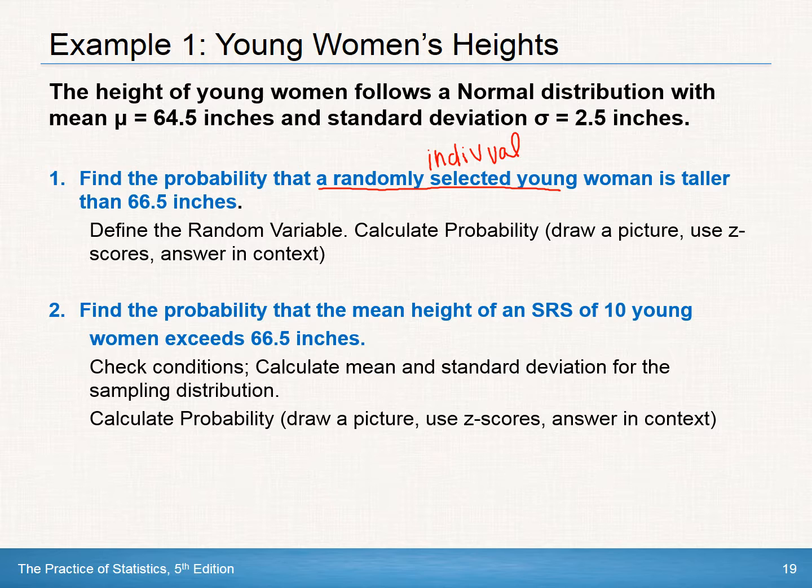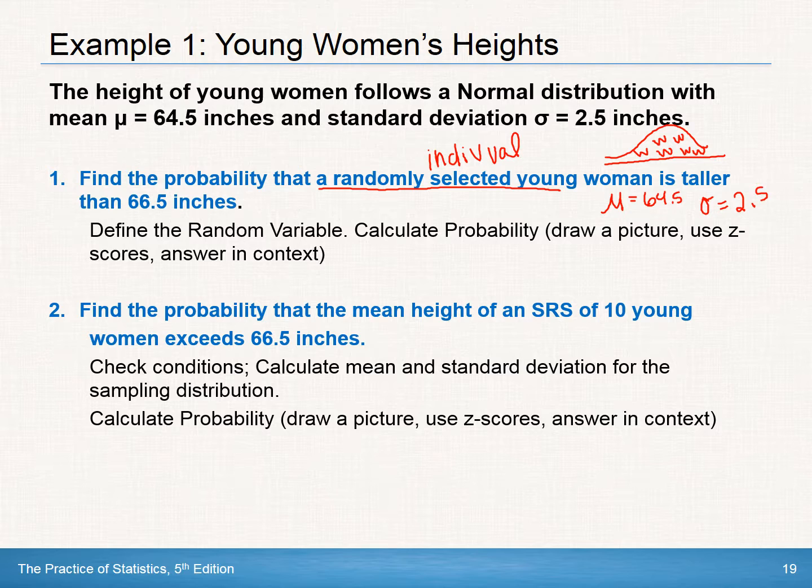So the distribution that I'm looking at is a bunch of individual women and all of their heights. Also notice the notation. The mean of 64.5 is the mean of all of those individuals, and the standard deviation of all of the individuals is 2.5.